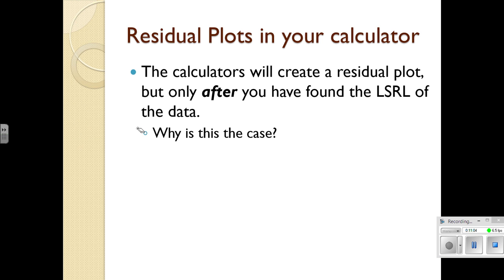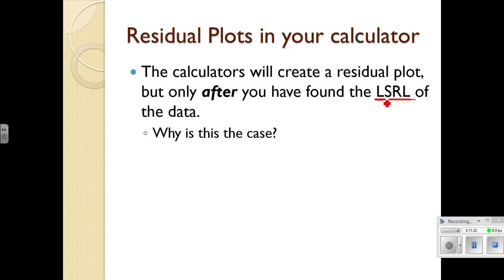Your calculator will actually create residual plots for you, but this only happens after you have found the least squares regression line of the data. If you think about it, in order to create residuals, one, we need to know how far away from the line they are.